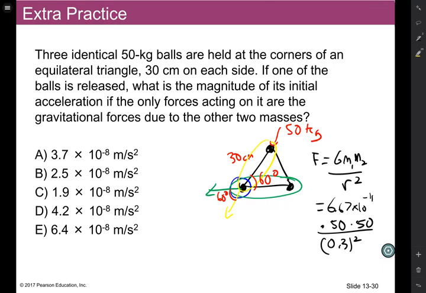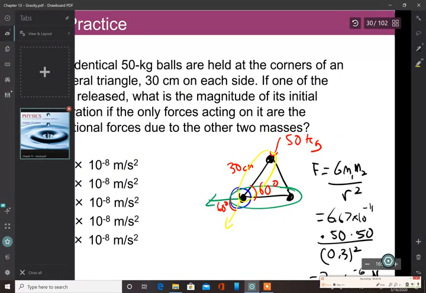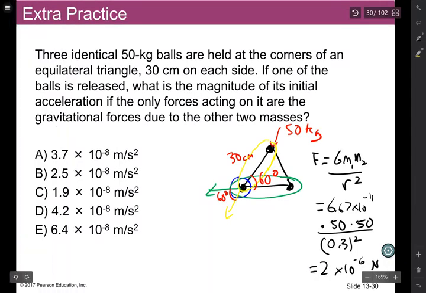And if you do that, you should get 2 times 10 to the negative 6th, right? So now we've got 2 times 10 to the negative 6 newtons. So we just need to do the vector math. Okay, and so to actually do the vector math is going to be a little bit of a pain.